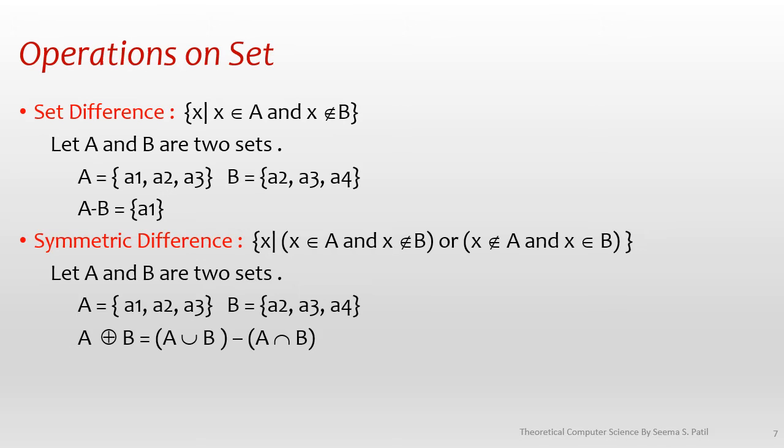A ring sum B, that is the symmetric difference. This operation is denoted by the operator ring sum. So you can write A ring sum B equal to (A union B) minus (A intersection B).